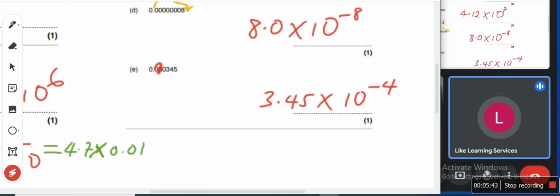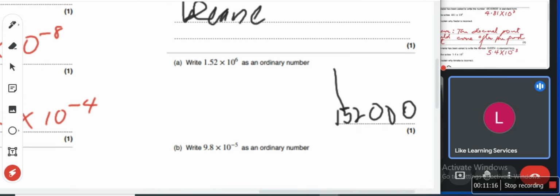Because we move it 1, 2, 3, 4. Okay, that's that. Write this as an ordinary number. You did it.